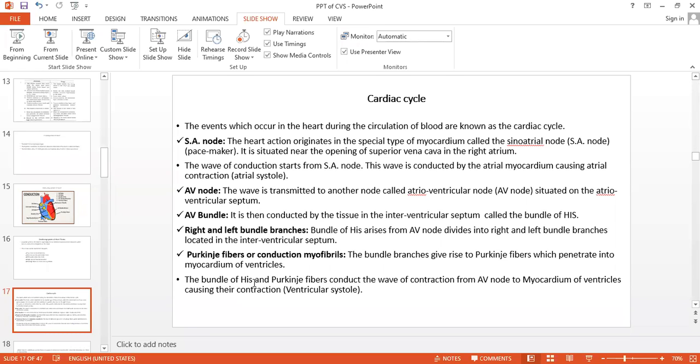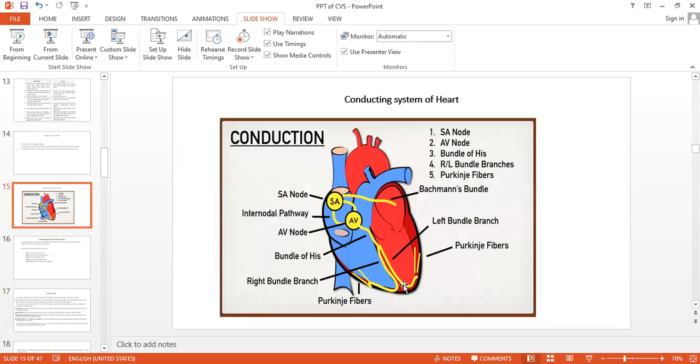The bundle of His, the Purkinje fibers conducts the wave of contraction from AV node to the myocardium of the ventricles, and that's why when it transmits, both the ventricles will get contracted.